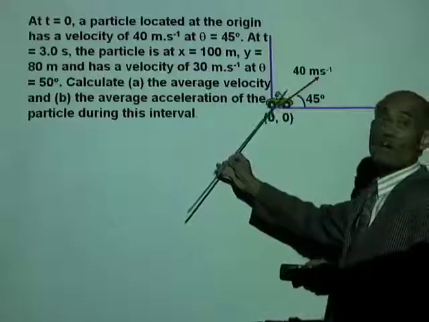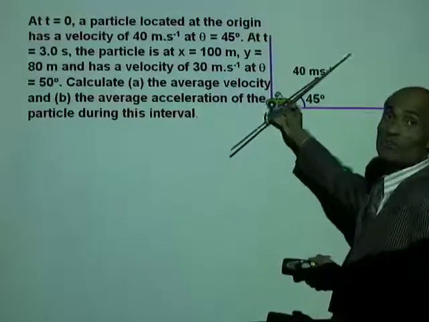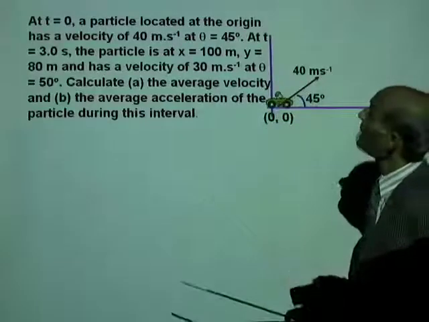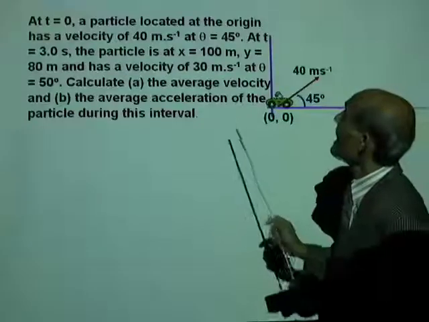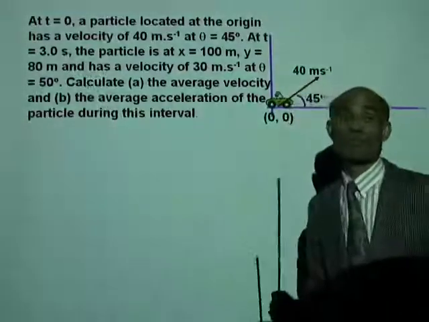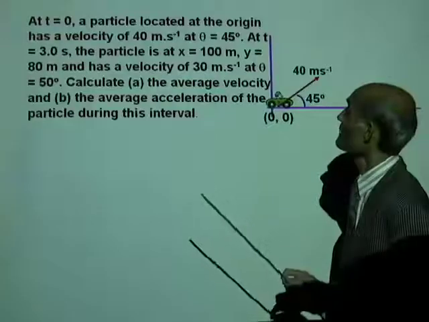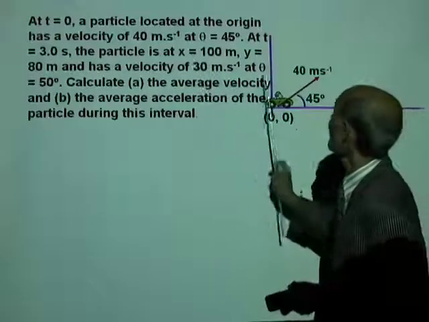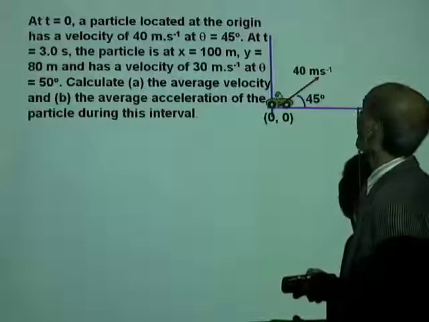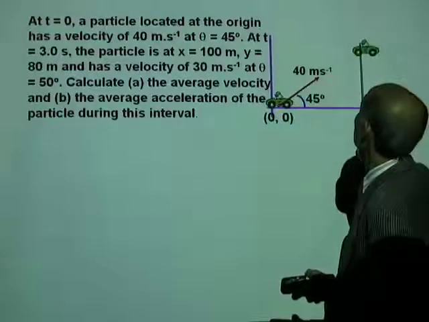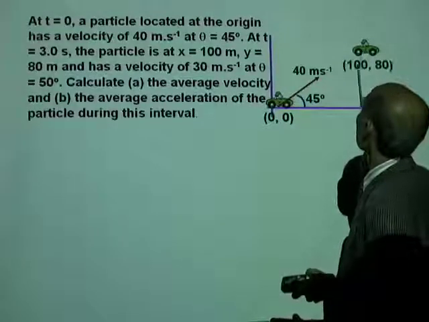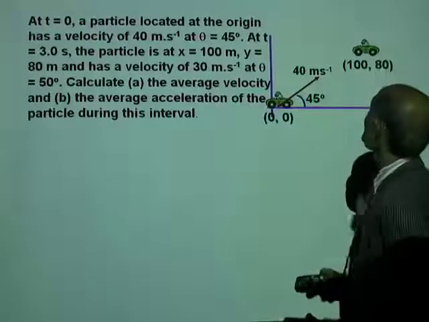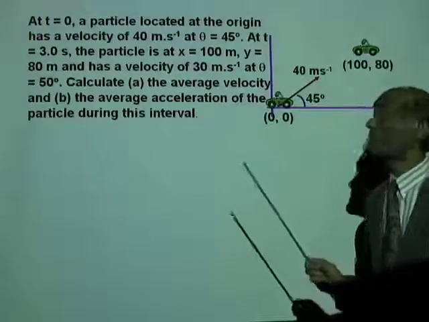That means the car is moving in that direction. Well, and after 3 seconds, where is the car? It is at x equal to 100 meter, y equal to 80 meter. It is here.